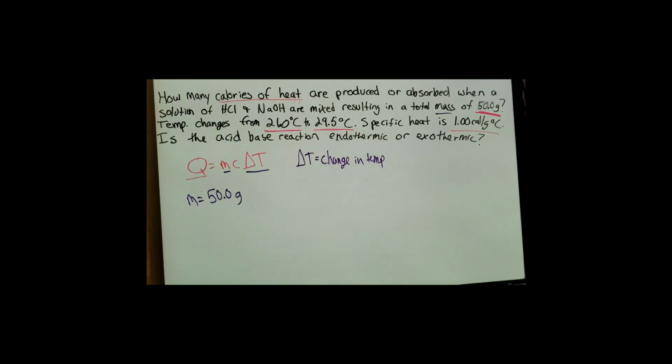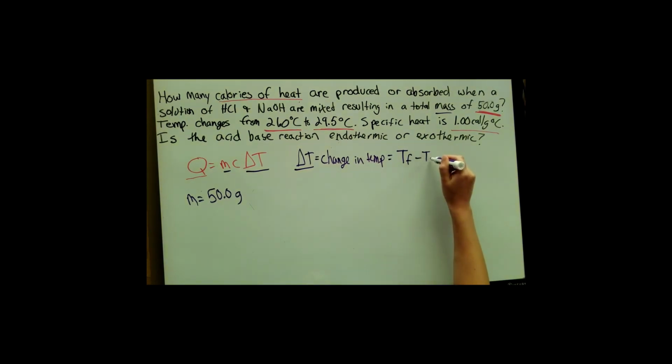And whenever you have change in something, it's always the final minus the initial. So ΔT is the same as if we were to write Tf minus Ti, with Tf being final temperature minus Ti being initial temperature.